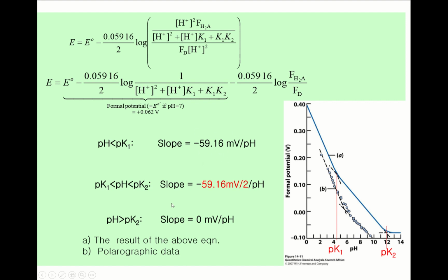But beyond pK2, the first and second terms are ignored, and so the formal potential doesn't depend on the pH. Okay, and actually in the real experiment, it shows this one, the dotted line.